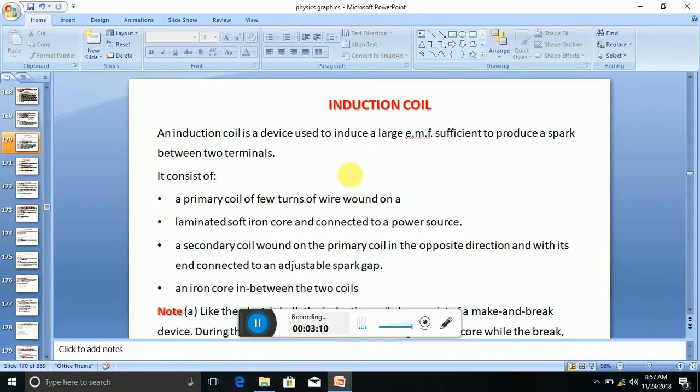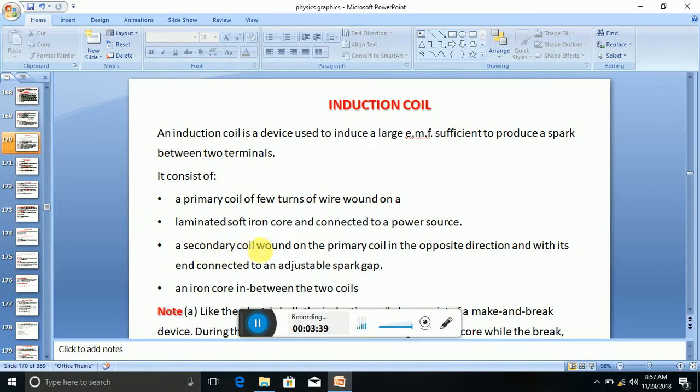Now let's look at the induction coil. An induction coil is a device used to induce a large EMF sufficient to produce a spark between two terminals. It consists of a primary coil of few turns of wire wound on a laminated soft iron core and connected to a power source.